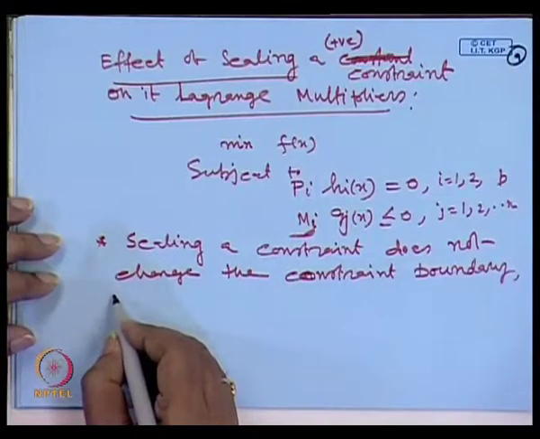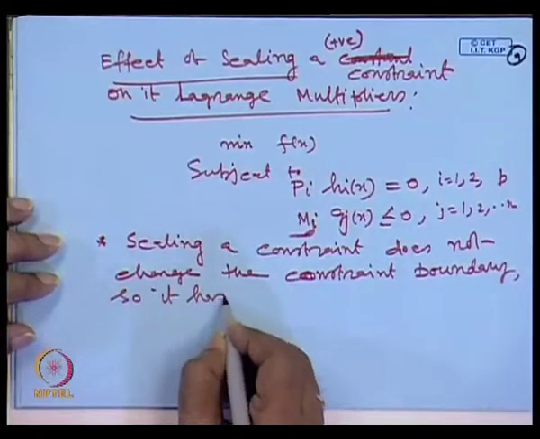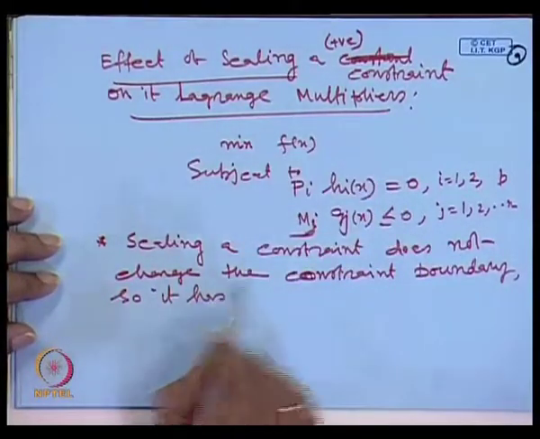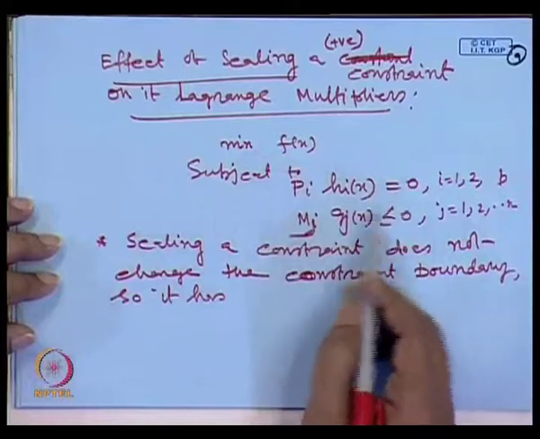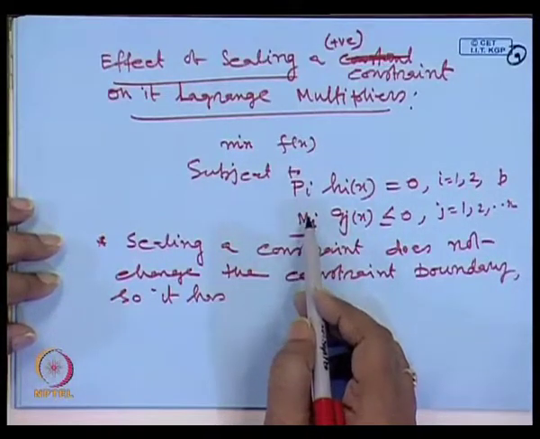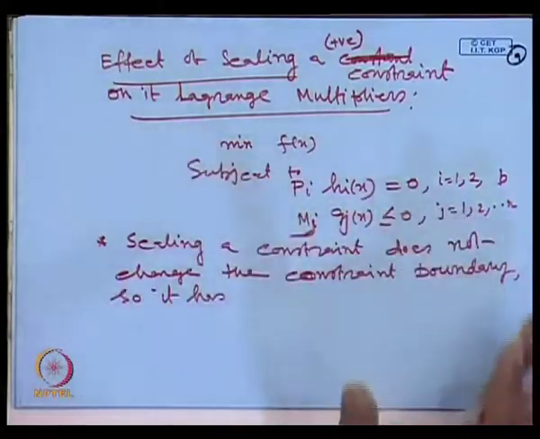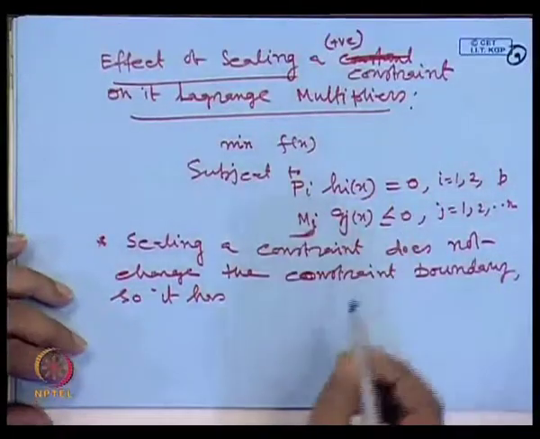Because the objective function is unchanged, and we have only multiplied each equality or inequality constraint by a scalar quantity greater than 0, the constraint boundary will not change. In other words, our design space or search space remains unchanged even if you multiply by a positive constant quantity.